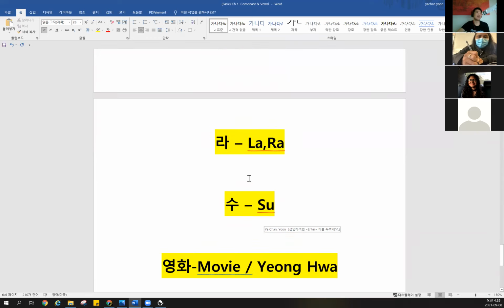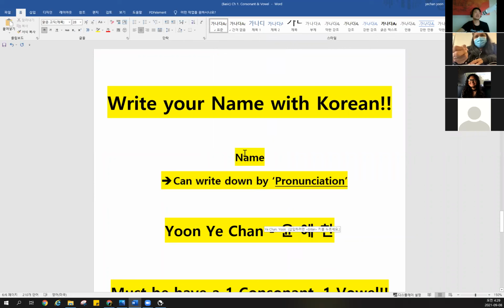Okay, so for now, we're going to learn how to write your name in Korean. Please remember, everybody, a name can be written down by pronunciation, not by your letters.